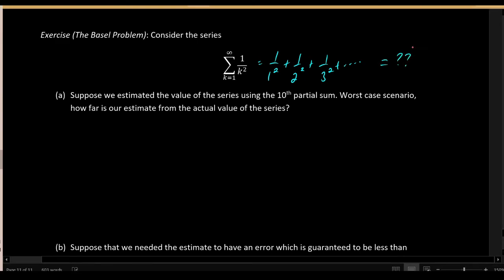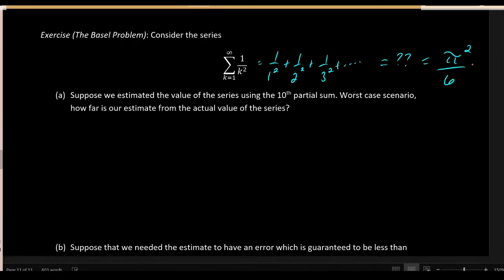Now, this was finally figured out a few hundred years ago. If you recall from video number 4, the value of this sum is equal to pi squared over 6. But this was an extremely difficult result to actually get, to know that this number was exactly equal to pi squared over 6.